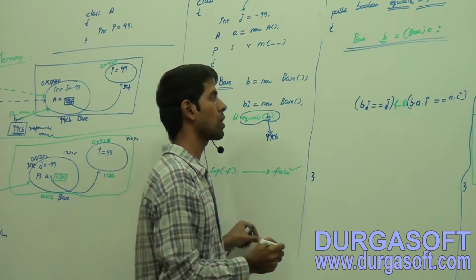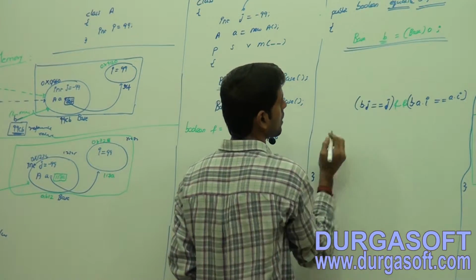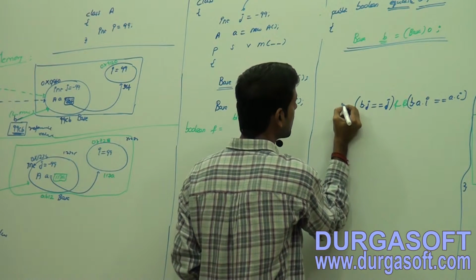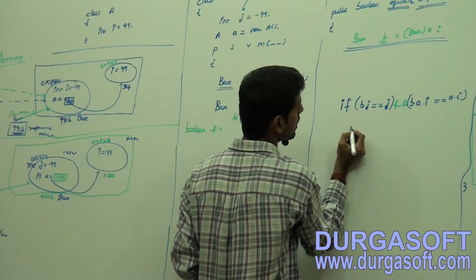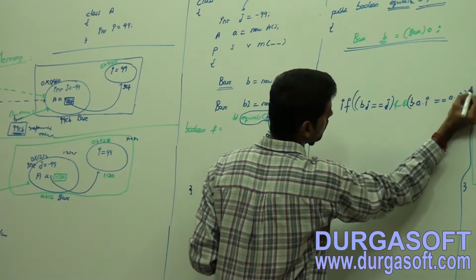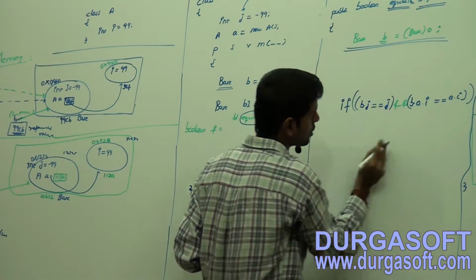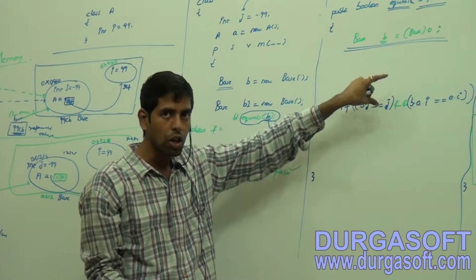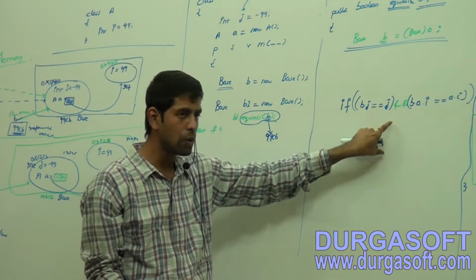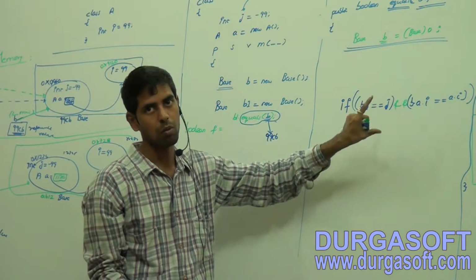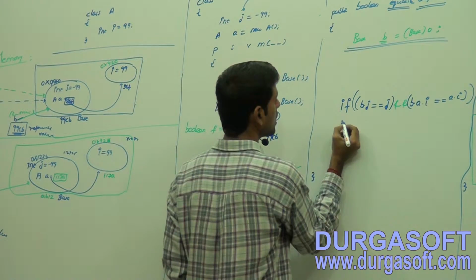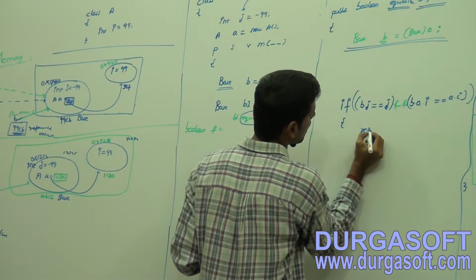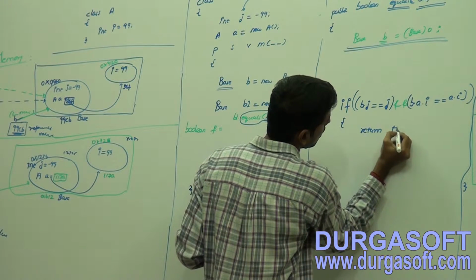Now observe here. If this one is returning true, let me put the entire thing within the if statement argument. If the if statement argument is true, it will enter into this block. If that one is true, directly put return true.